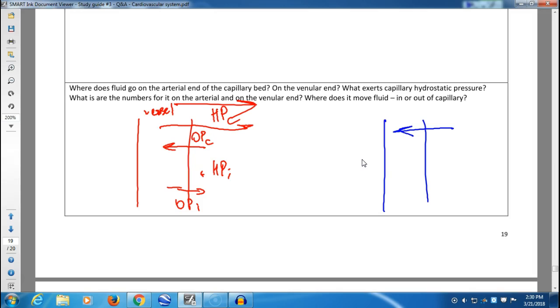What do we call it? Edema. That makes sense. If you block the lymphatic system, which pressure will increase? Hydrostatic interstitial. And what are you going to have? Dehydration of the tissues. Does that make sense?